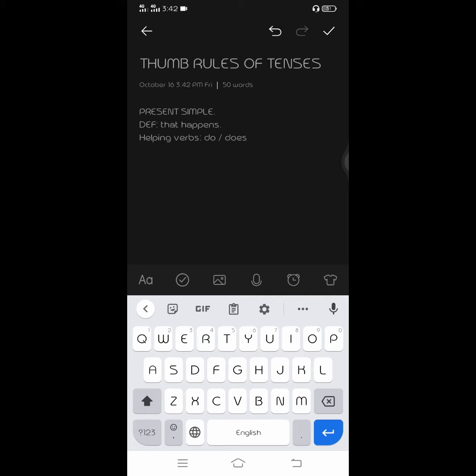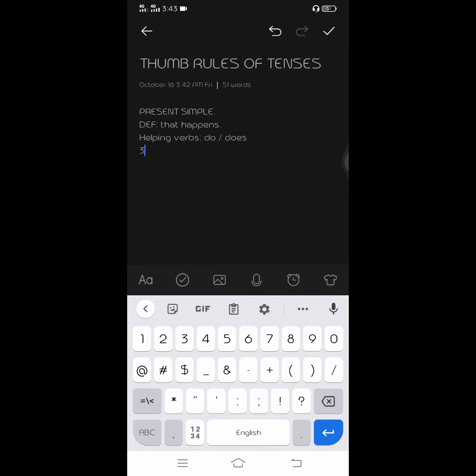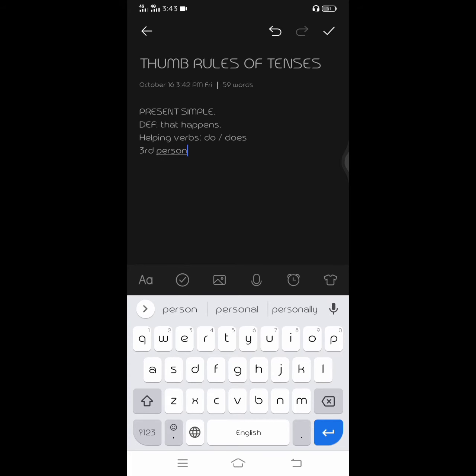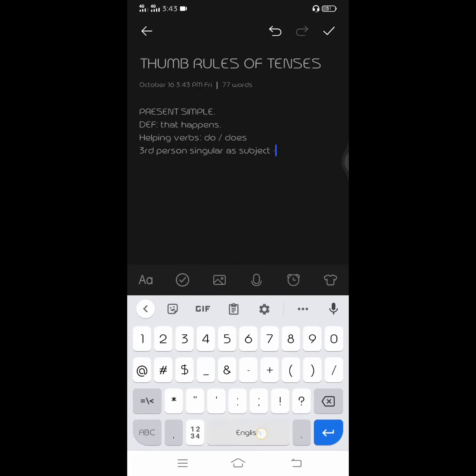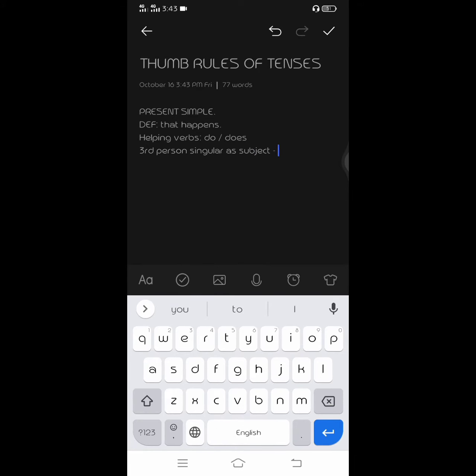There are three different kinds of pronouns when it comes to subjective, objective, and possessive. So when you use third person singular as a subject, what you do is you add s, es, ies in the verb.